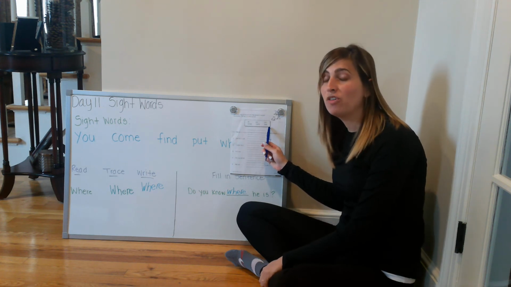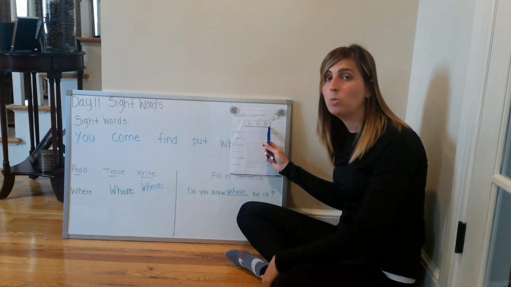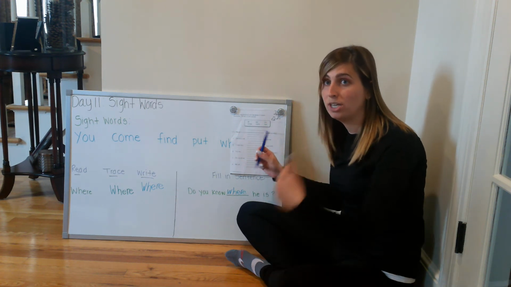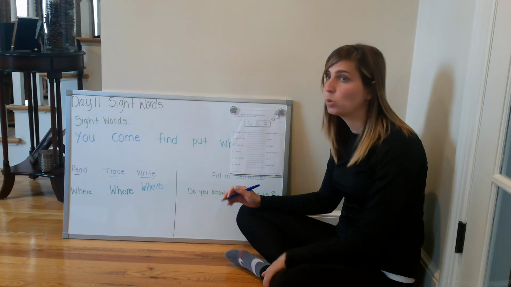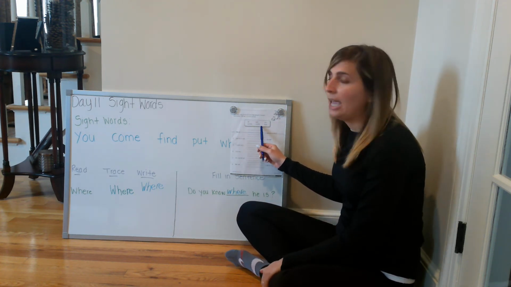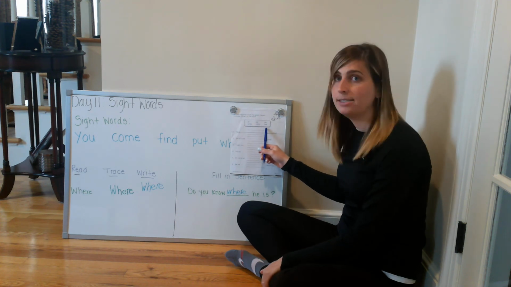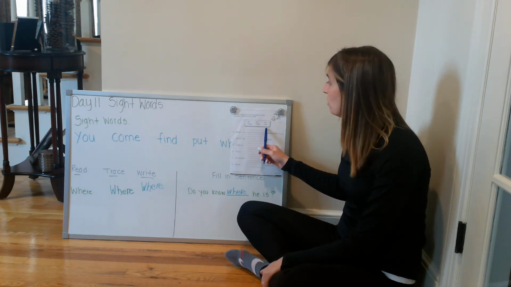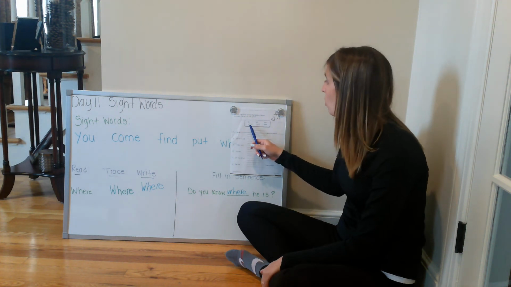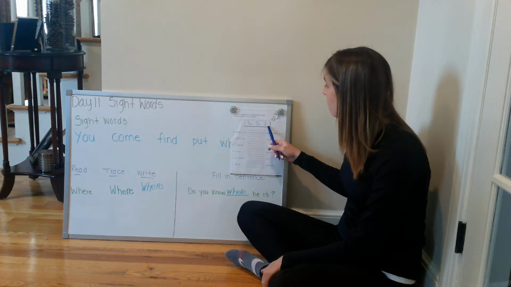And you guys should be familiar with the word bank, especially when we do our questions from our chapter book, or when we used to read our chapter book in school, we always had a word bank. So here's our word bank. And in our word bank, there's the 6 sight words that we just practiced. All, put, you, where, come, and find.